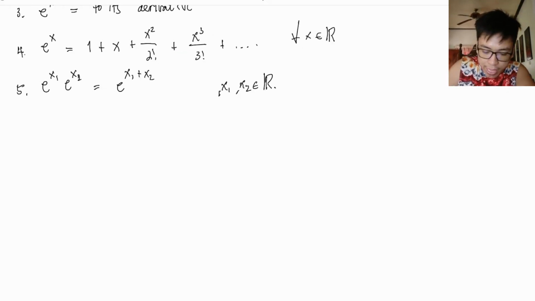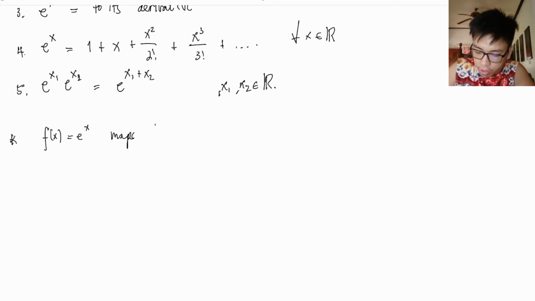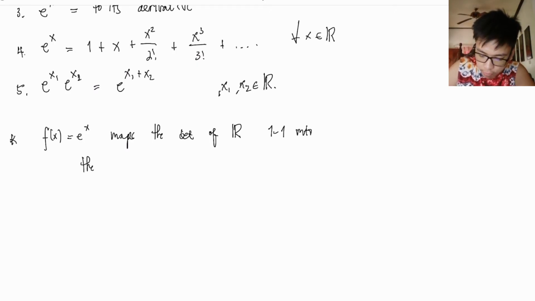I would also add that the function f of x equals e to the x maps the set of real numbers one-to-one onto the positive real numbers.